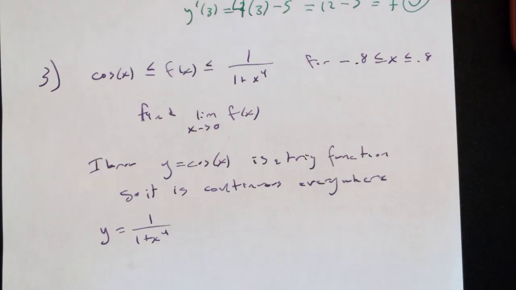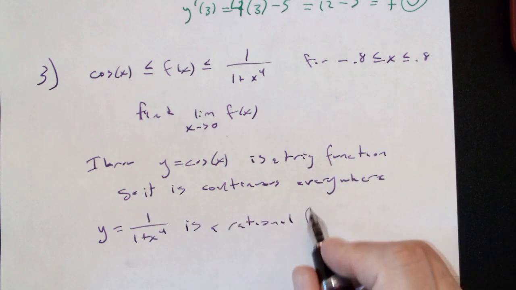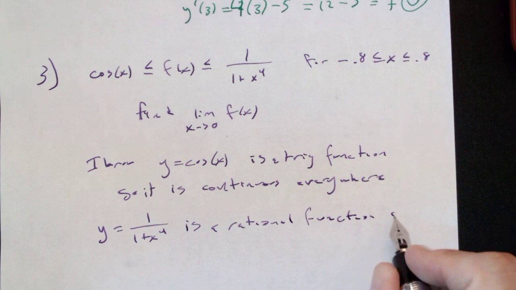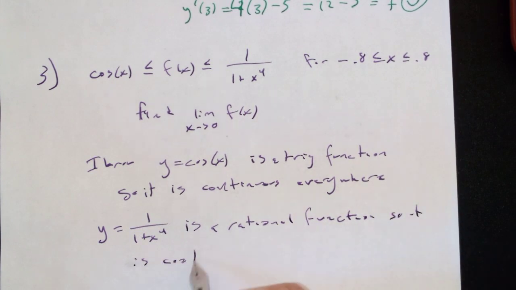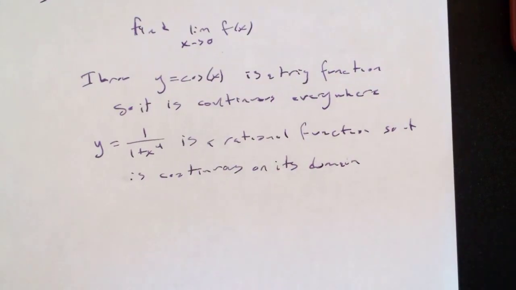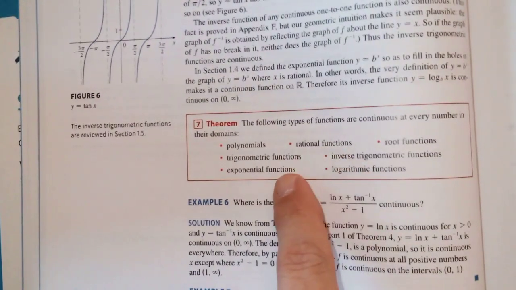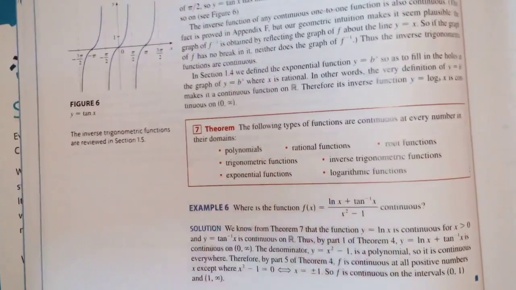Rational functions are continuous wherever they are defined. Both of those sentences come from the box labeled Theorem 7 on page 120. Rational functions, trigonometric functions, are continuous at every number in their domain.